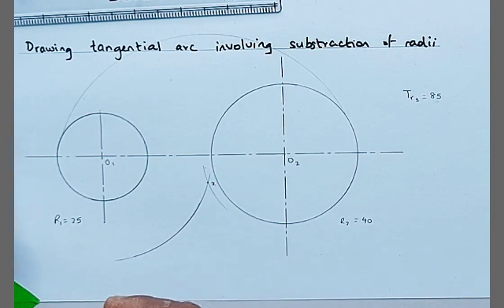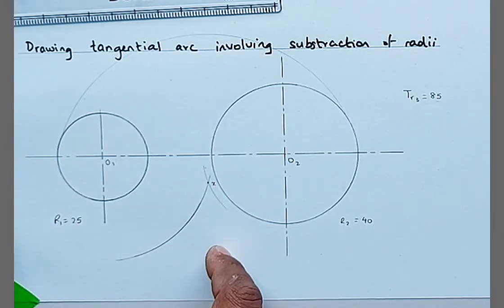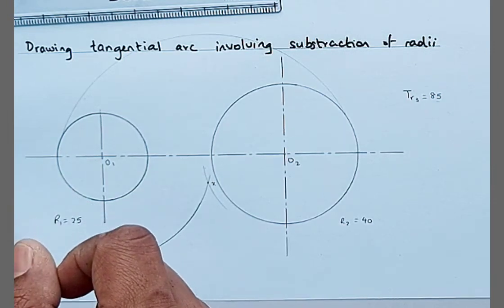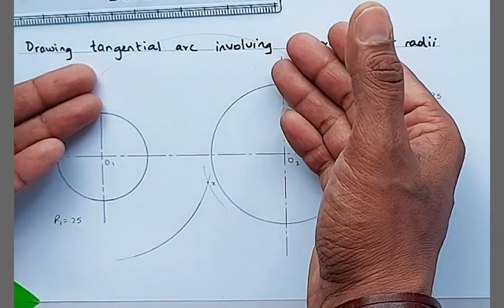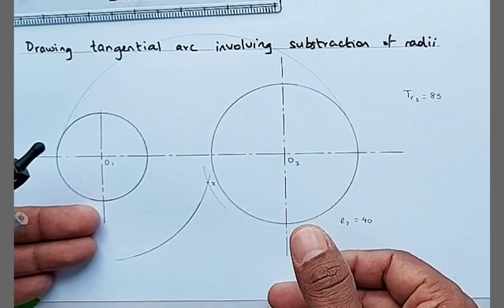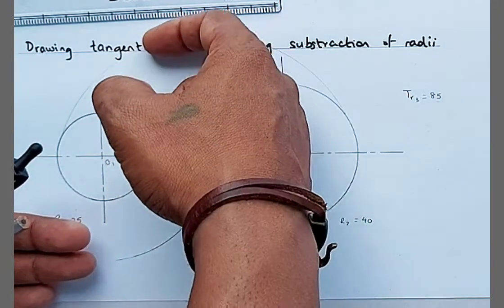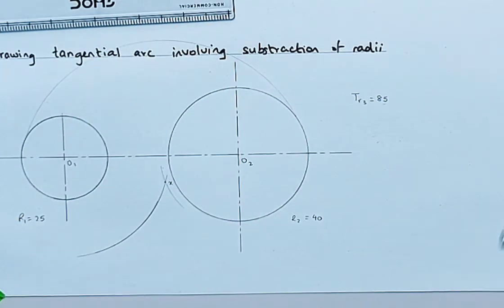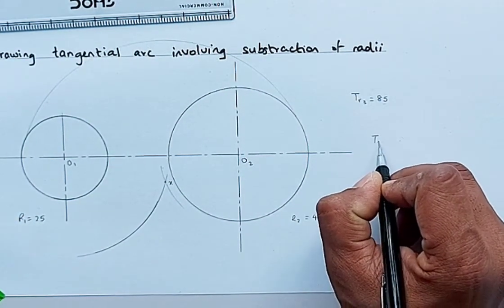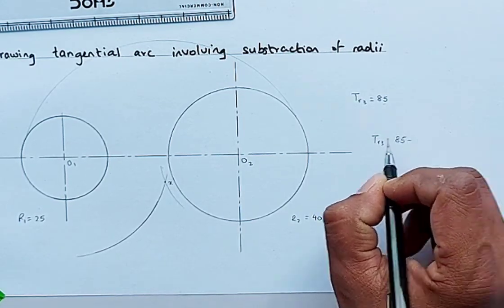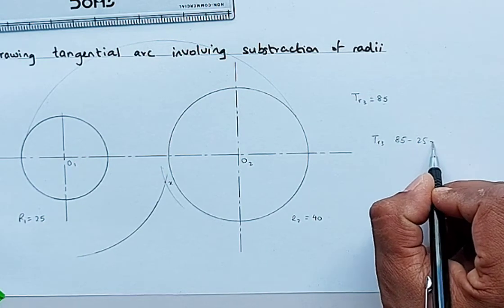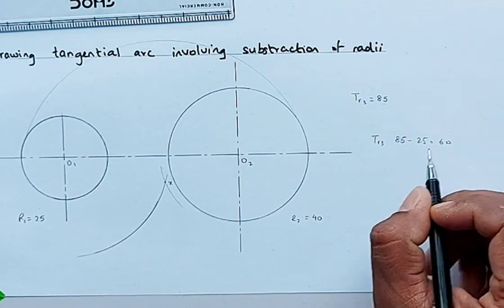And if the arcs do not blend, there will be gaps or spaces and your drawing will not look right. So when you have to draw the tangential arc at the bottom, these 2 constructions have to be done at the top. What we had done is subtract 25 from 85 to obtain 60.